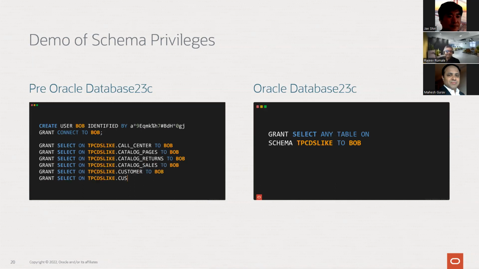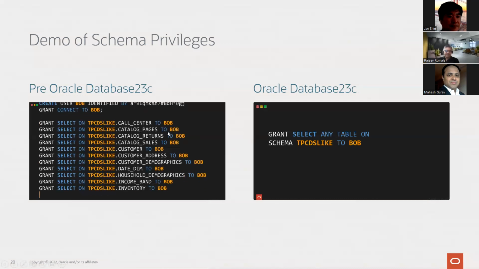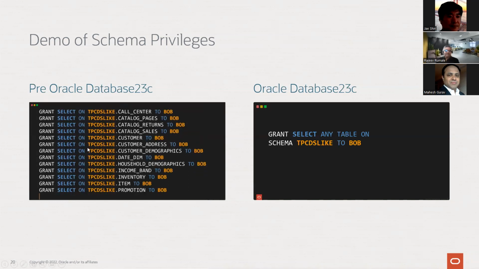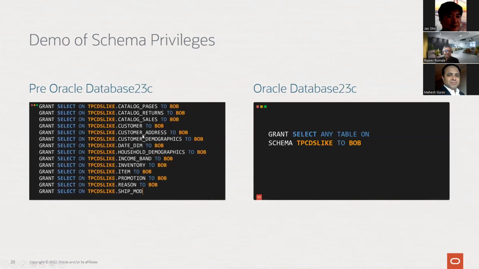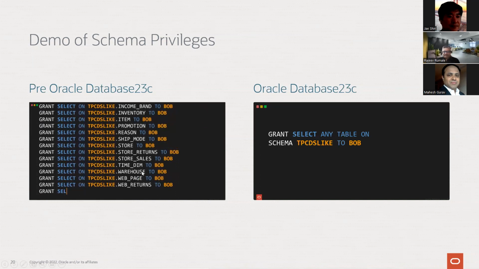So this is an example that shows how we used to do it, right? Earlier we used to do SELECT on schema name and object name to the user, right? And you see, depending upon the number of objects available in that schema, we need to manage that, right? Moreover, in future, the application is constantly changing. We may add a patch, we may add an object, we may change a column of that object or whatever, right?